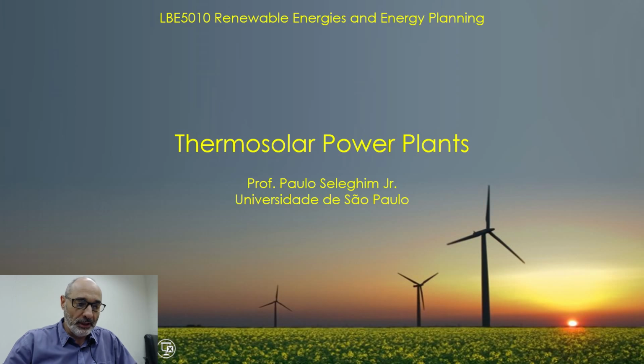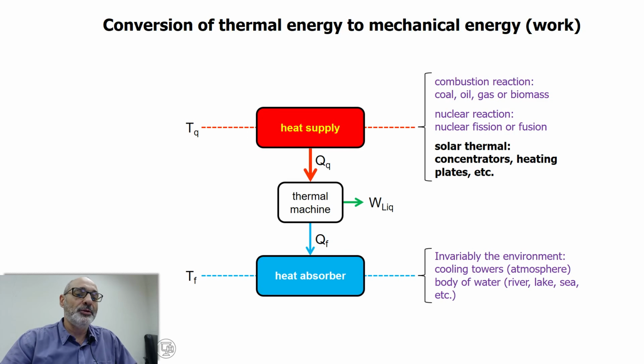Okay, so just to remember, this is one of the classes related to thermal energy conversion. As I showed you before, it's always like this. You have a thermal source and a cold source or a cold absorber, which is always the environment. As our heat supply, our thermal source, we already analyzed the possibility of having some chemical reaction, such as a combustion reaction of coal, oil, or gas.